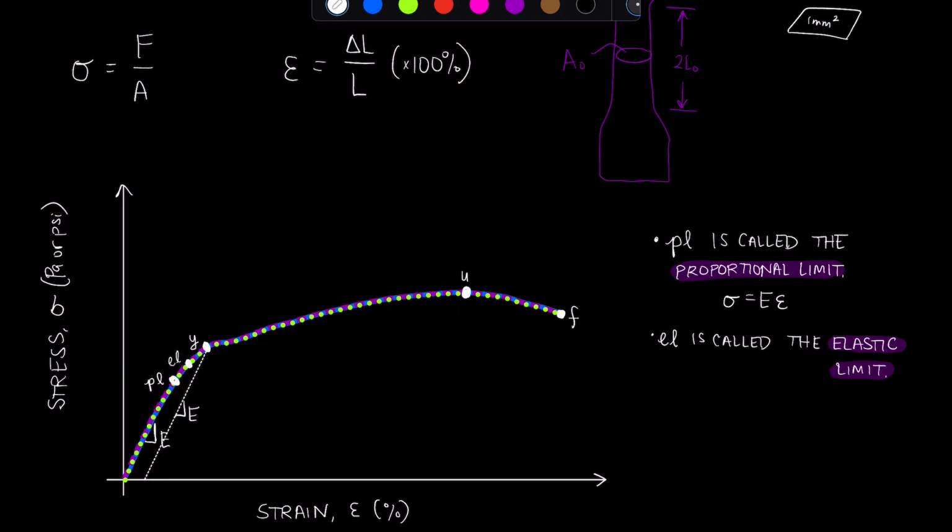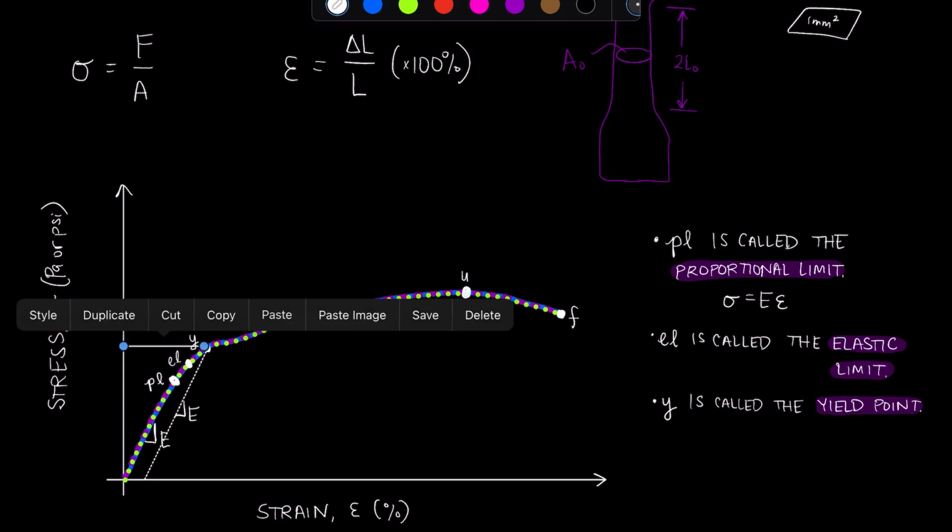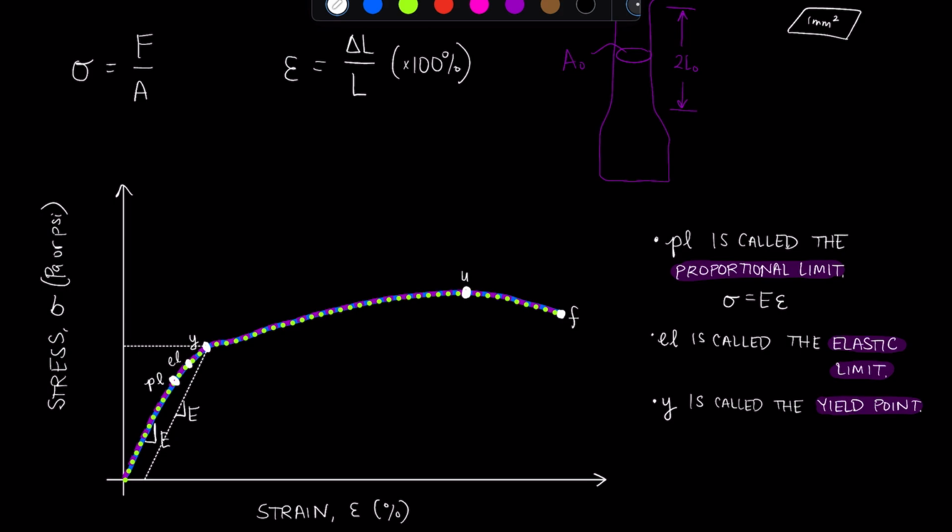Okay, and that point Y is called the yield point. There is a corresponding stress that you have probably heard of that we identify at the yield point. So the corresponding stress at the yield point we call the yield strength.